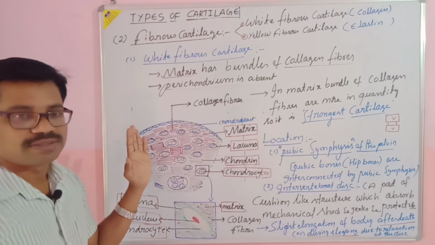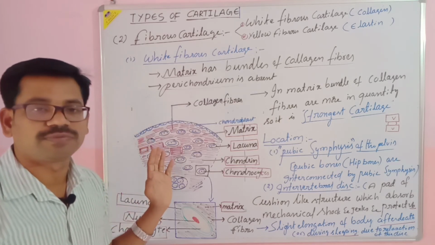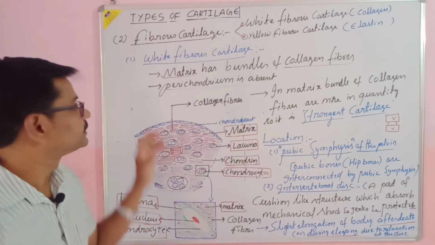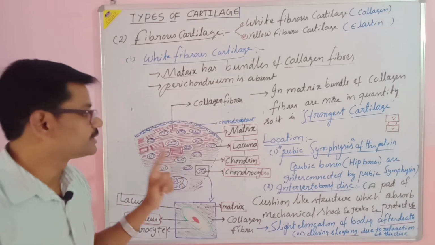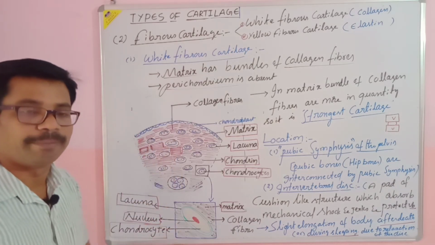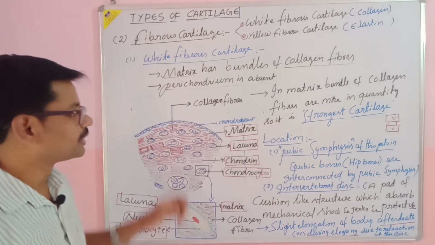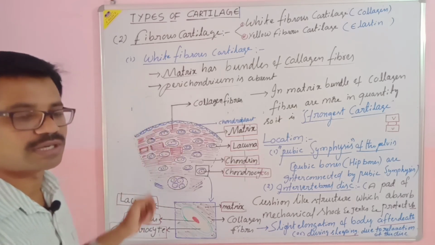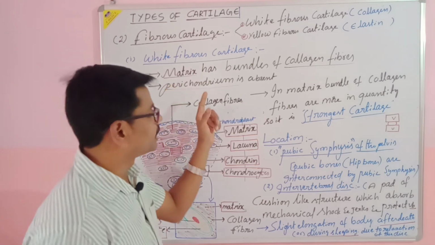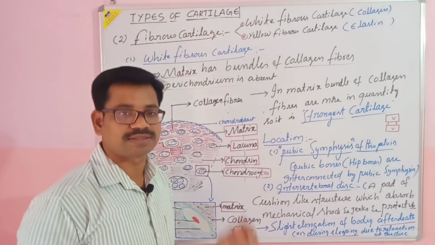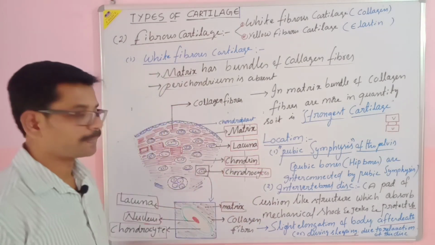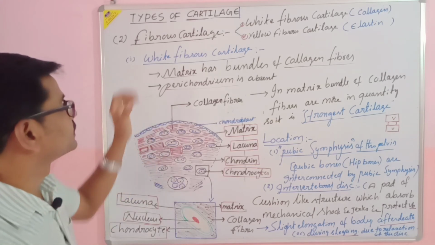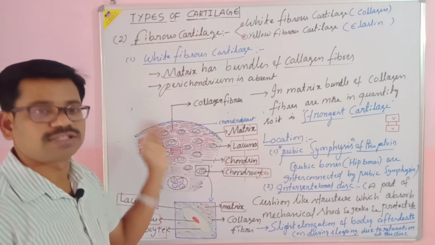Hyaline cartilage has a negligible number of delicate white fibers, but white fibrous cartilage is made up completely of bundles of collagen fibers. Hyaline cartilage is the weakest and most common cartilage in our body, but white fibrous cartilage is the strongest cartilage in our body. These are the major differences.